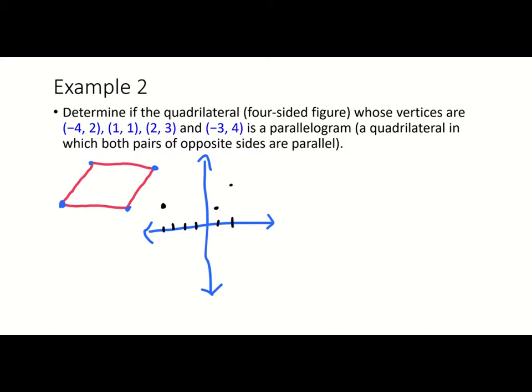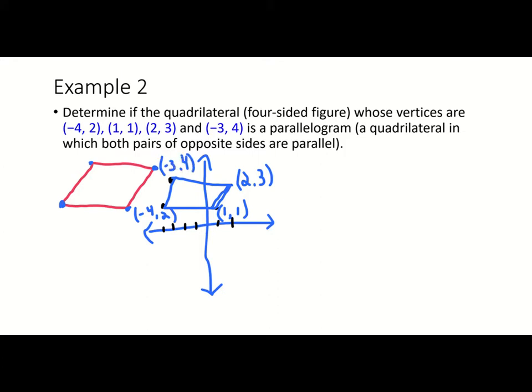And then (-3, 4), right there. All right, so here is our shape. I'll connect it. Again, fabulous drawing skills. So we have our points: (-4, 2), (1, 1), (2, 3), and (-3, 4).